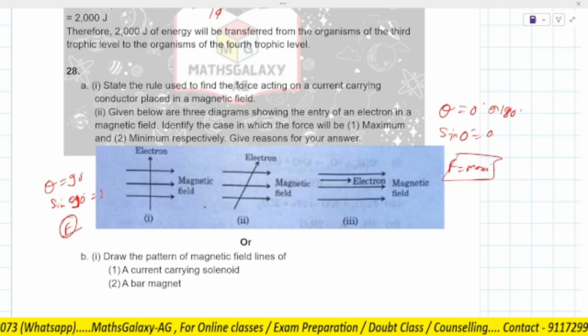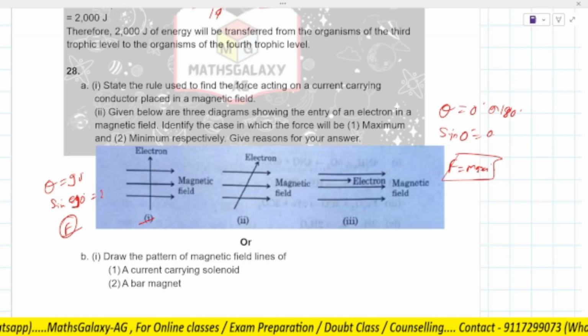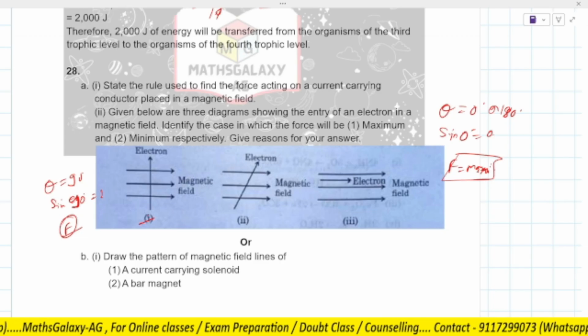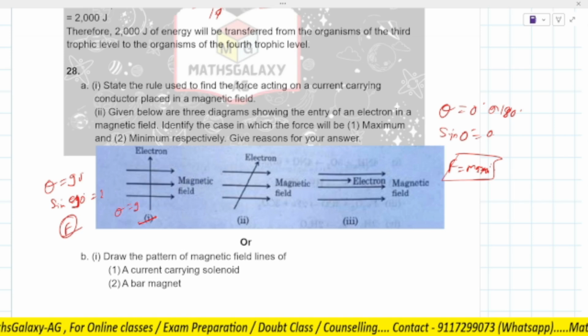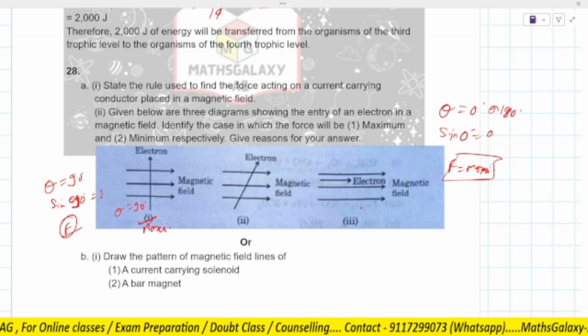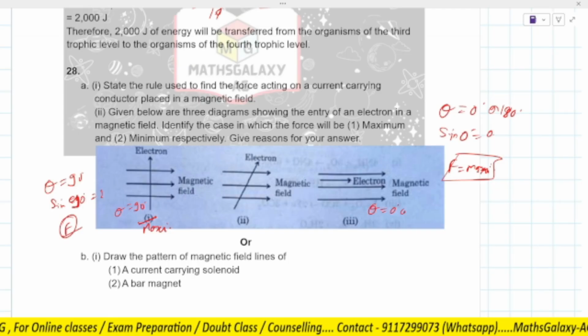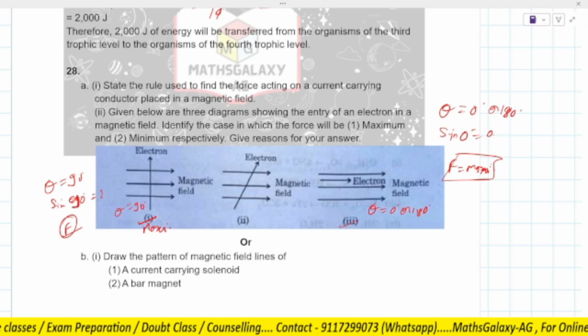So F is minimum at 0 degree. So here in number 1, theta is equal to 90 degrees, so here it will be maximum. And in the third one, theta is equal to 0 degree or 180 degree, so here it will be minimum.